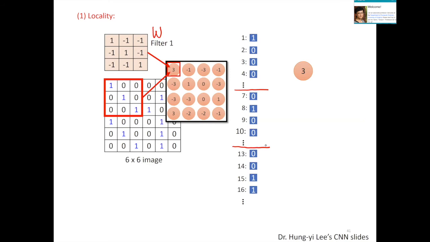So by making this into a row form, like the tabular form, we are losing neighborhood relationships. This makes an image very different from tabular data, because there are neighborhood relationships there. So this is the first thing we want you to pay attention to.